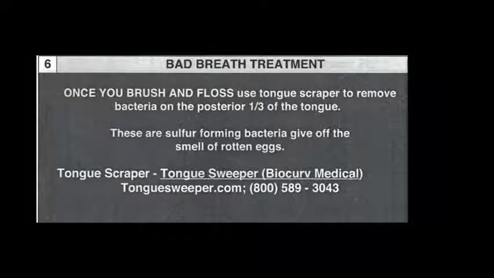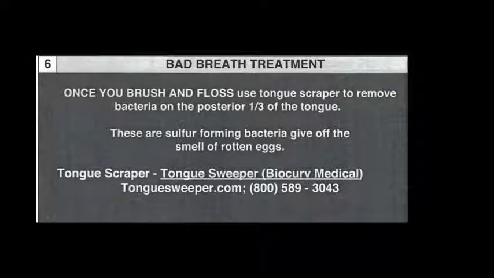Now, the reason I like this tongue sweeper is because it's the only one that I have ever used that gets way back in the mouth without gagging you. Dr. Rippich was an engineer before he went to dental school, and this is very well designed, much better than any other tongue sweeper that I've used. Certainly you cannot use a wet toothbrush to do this, for that will gag you. Even gaggers can use this well because it is so well designed, it gets exactly where you want to go.